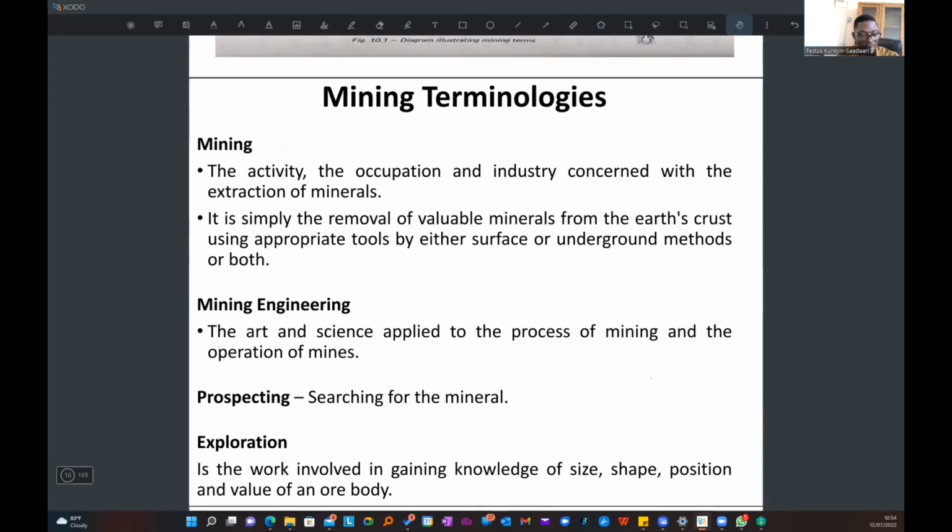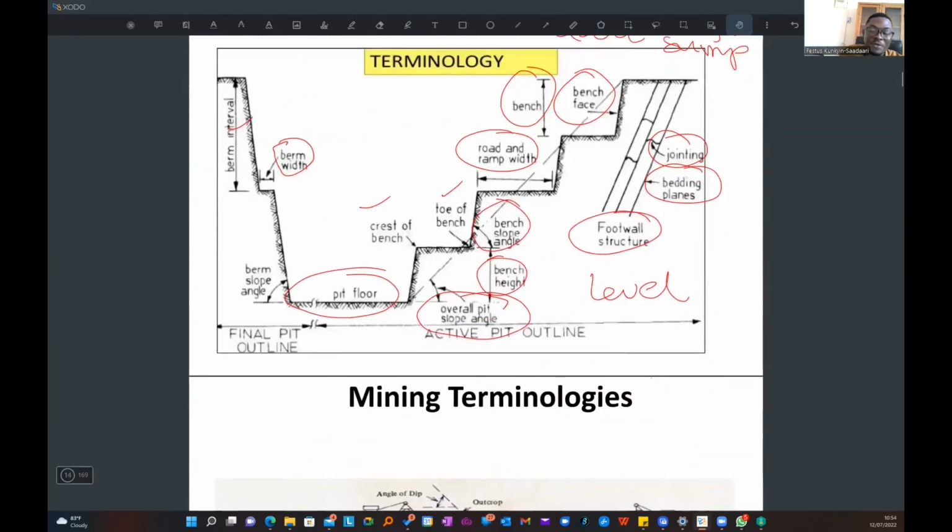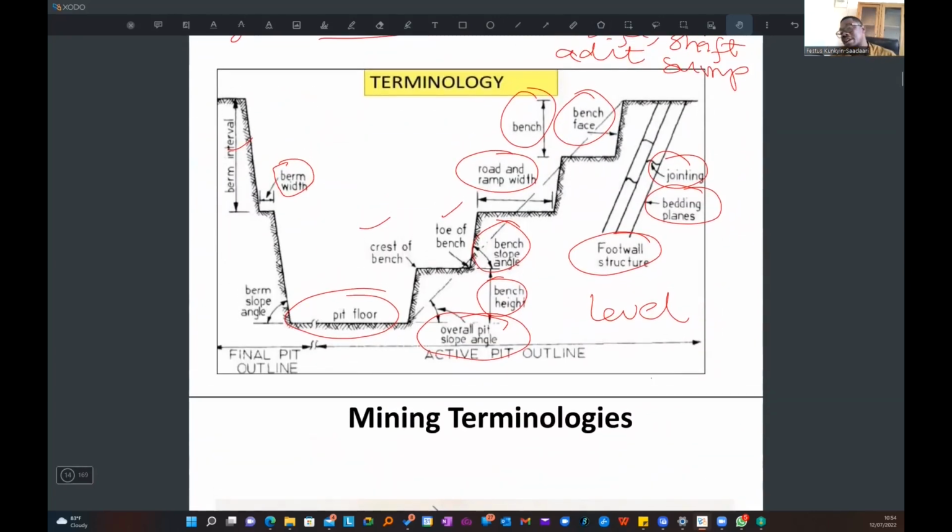So now, coming to this session of the mine, our discussion, we are going to box all of them. When you hear the term, it is up to you to think of it as either a surface or an underground term. So if you hear the term now, you will be able to tell that this term we are discussing is an underground term or a surface mine term.